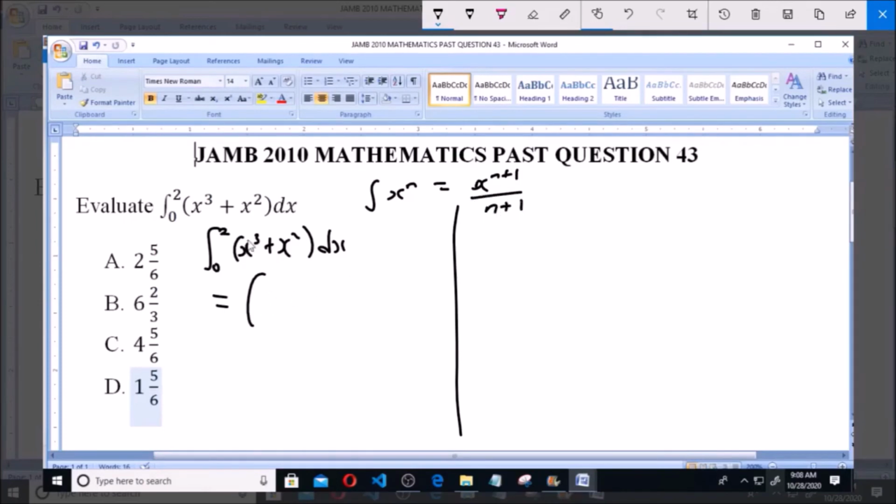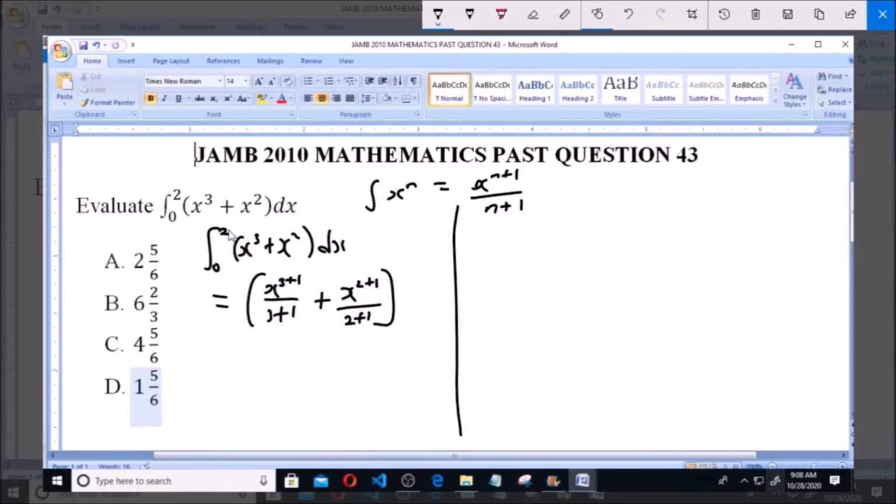So from here, since we have x raised to the power of 3, it is going to be x raised to the power of 3 plus 1 all over 3 plus 1, plus x raised to the power of 2 plus 1 all over 2 plus 1.